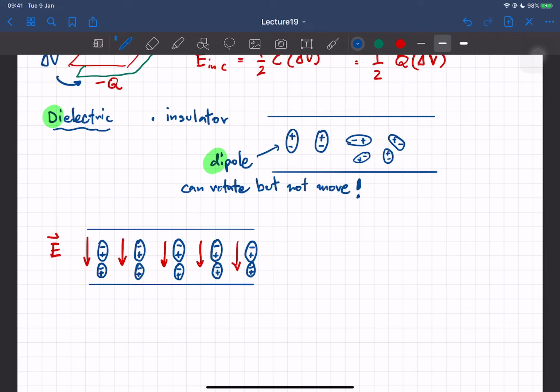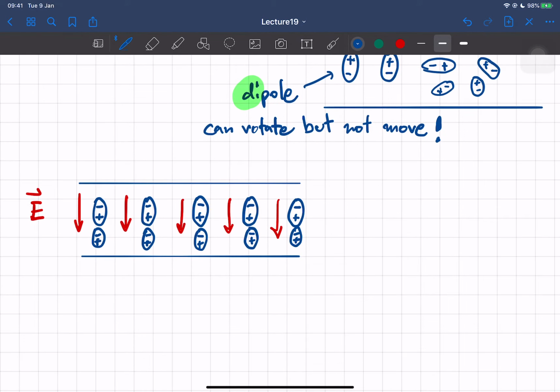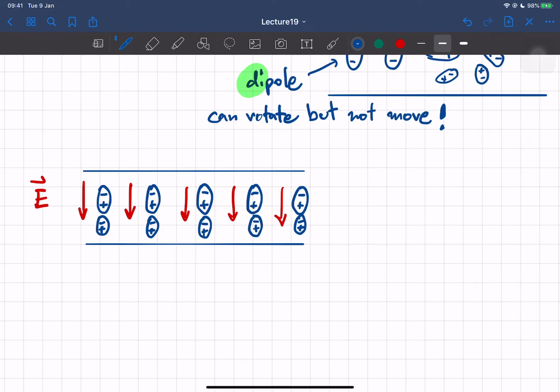Okay, and this is the crucial point. When you have something like this, you can see that the positive and negative sides of each dipole will mostly cancel out because you're going to have plus and minus close to each other, except at the edge, right?